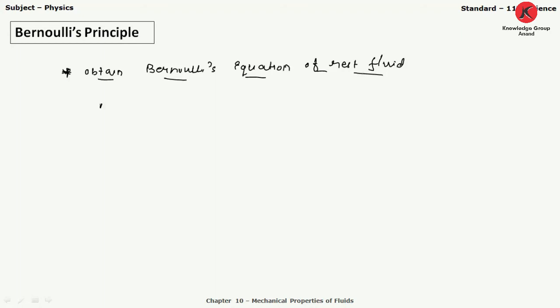So the equation for Bernoulli is P1 plus half rho V1 square plus rho g h1 equal to P2 plus half rho V2 square plus rho g h2. This is the equation for Bernoulli.